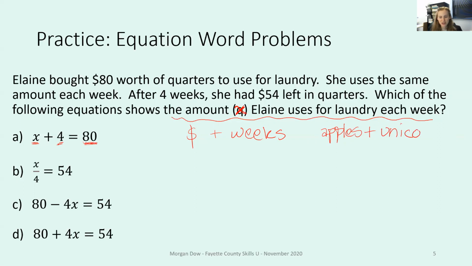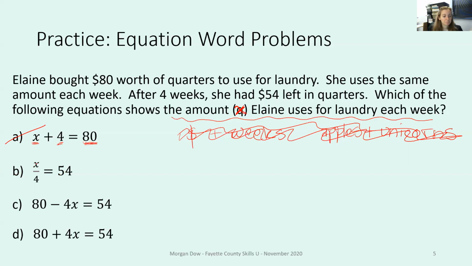They're just like 2 different types of things. So you can't like tally them all together. So that's the main issue that I see with choice A here is it's trying to add together a dollar amount with a number of weeks, which doesn't really mean anything. It certainly doesn't give you $80. So A is not going to work.